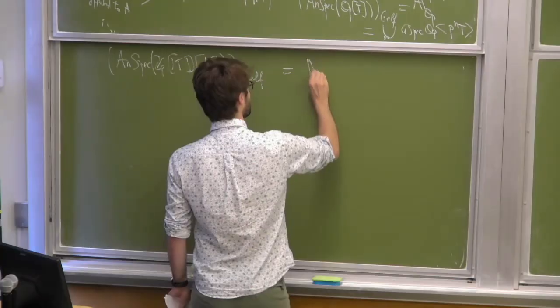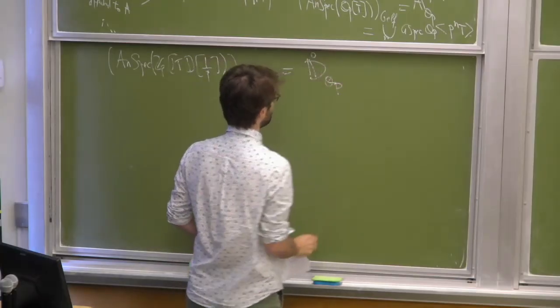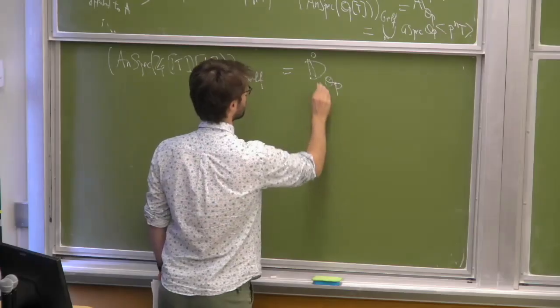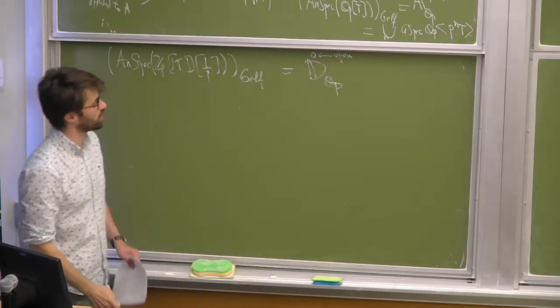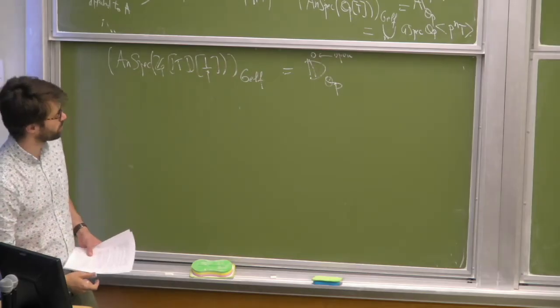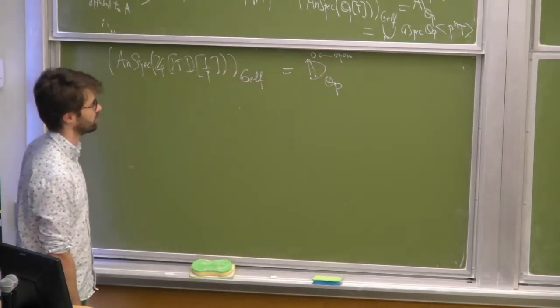This is the rigid analytic open unit disk over Qp, again a non-affinoid, non-quasi-compact space. It's an increasing union of closed disks.